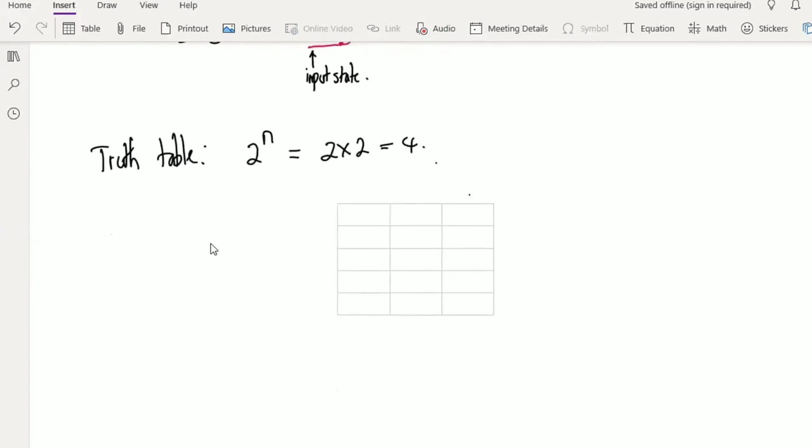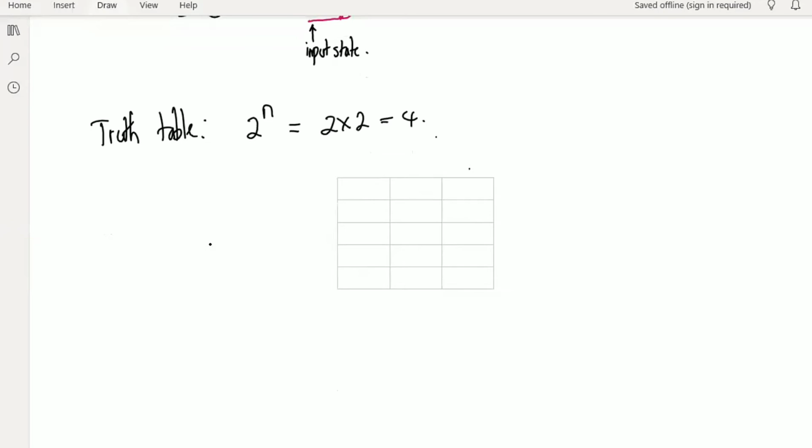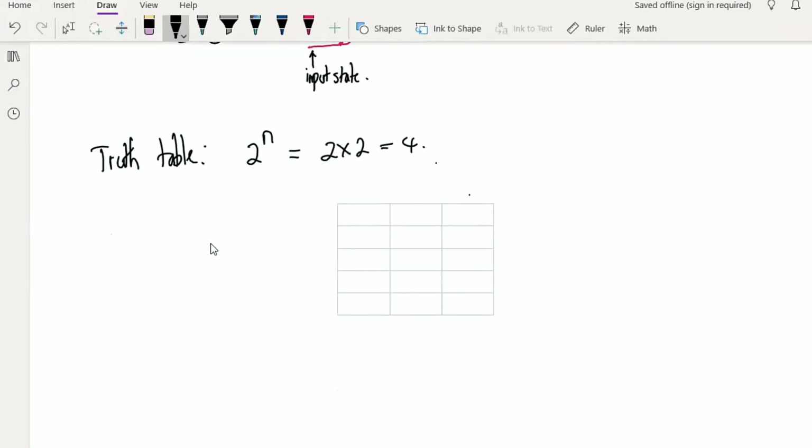So I had to have 3 columns this time because we have 2 input signals. So let's label this. We have 1 input here, you can call it A. We have another input here, you can call it B. And we have the output.